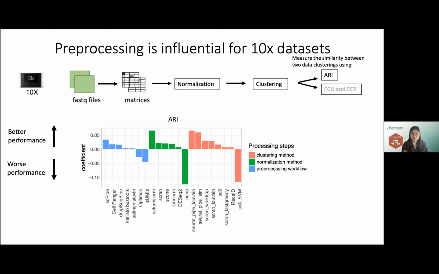We need to mention that previously we said CellRanger would use a curated reference. Here the DropletUtils pipe shares most of its steps similarly, except that it uses the whole reference, not the curated one.